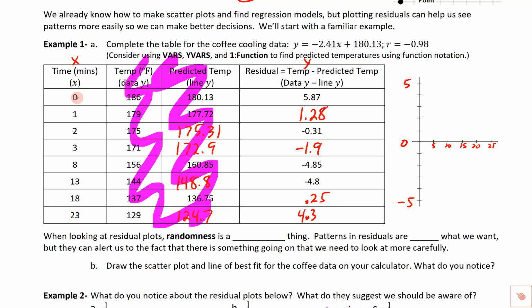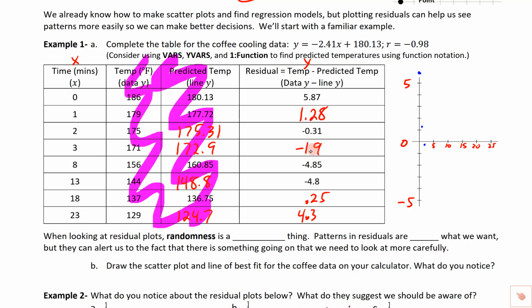So I'm going to plot 0. At 0, the residual is 5.87, so a little bit less than 6. So maybe about right here, okay? And then at 1 minute, it's about 1.28. Well, 1 minute would be about right here, and 1.28 maybe about there. At 2 minutes, let's see, we've got negative 0.31, so maybe about right there.